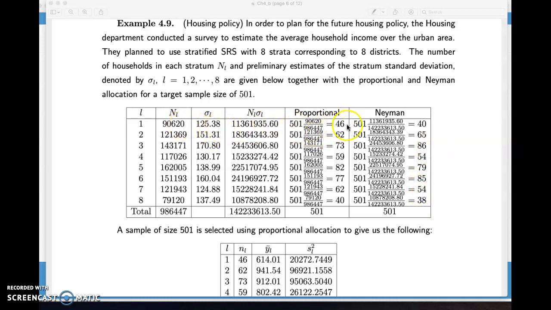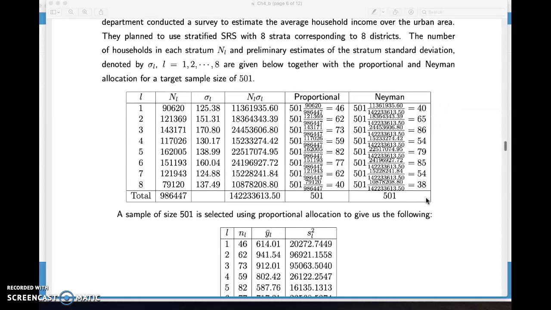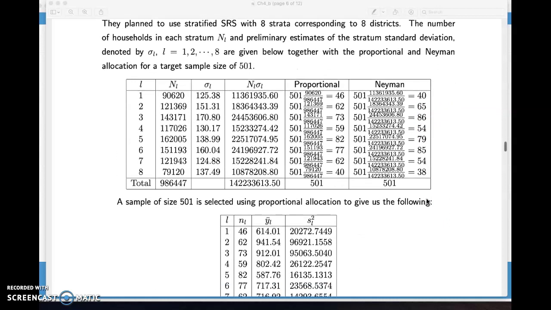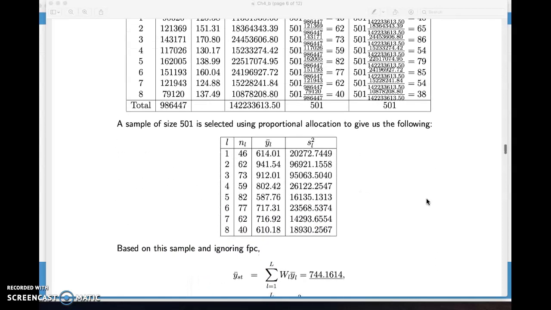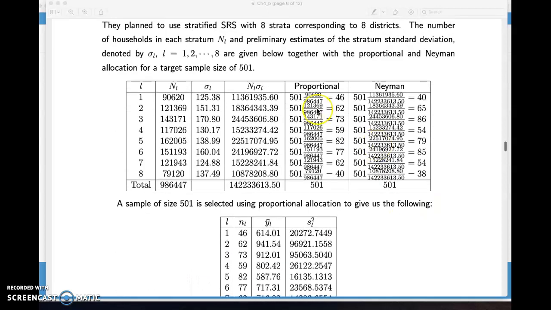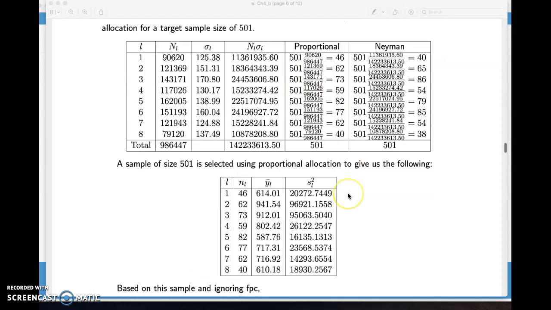We can see that under two different allocations, the samples collected from each of the strata are different, and that will directly affect our estimate for the Y bar. Let's just focus on how we do under the proportional allocations.